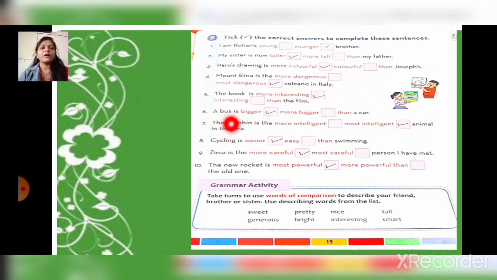A bus is bigger than a car. The dolphin is the most intelligent animal in the sea. 8th, cycling is easier than swimming. 9th, Xenia is the most colorful person I have met. 10th, the new rocket is more powerful than the old one.